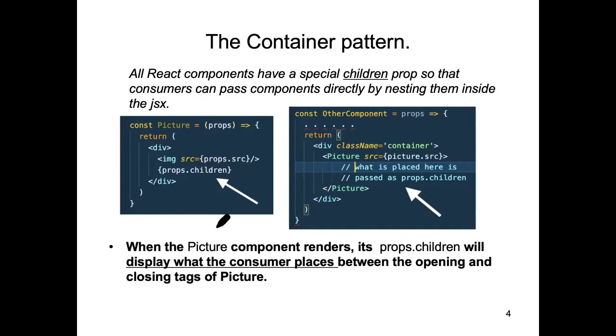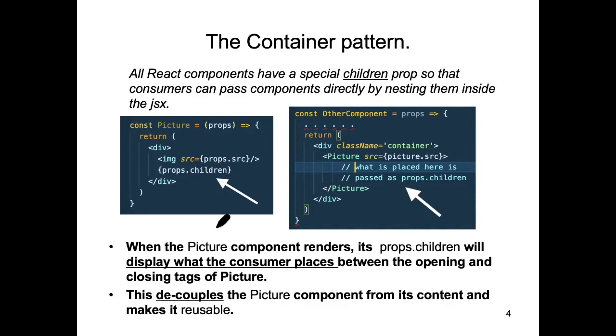And so what this effectively allows us to do is to decouple the picture from what it includes in its output to the screen. And hence we can reuse picture in many different scenarios. So this idea of decoupling is one of the outcomes.